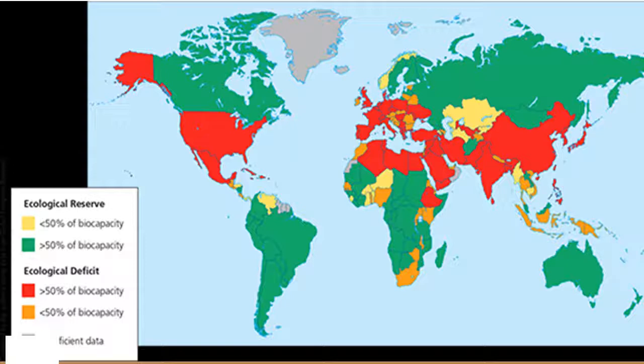Much of South America is in the green for ecological reserve, and this too could be correlated to population numbers as well as large land mass with biomes that have a success of supply of natural resources and ecosystem services.